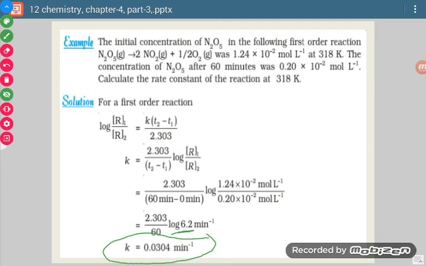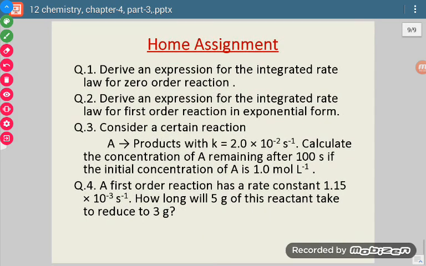Units are always those units which are given to us. Now since we are dealing with a first order reaction, what are the units of K? Units of K are time inverse. If time is in seconds, then second inverse. If it is in minutes, then minute inverse. Whatever the time unit is, that way we have to write.